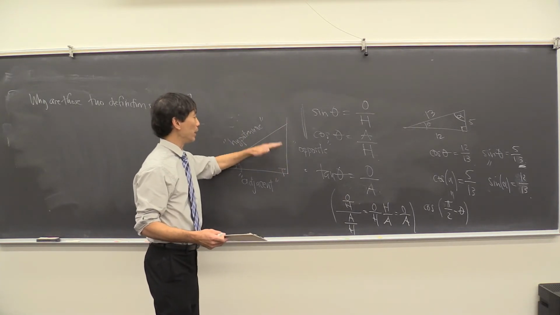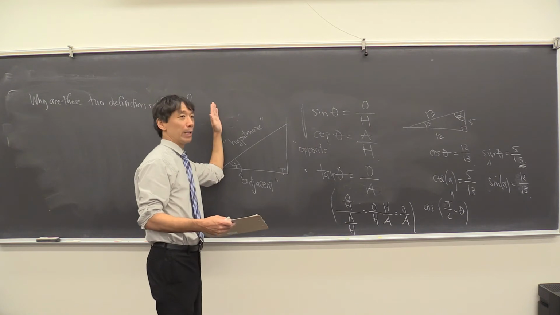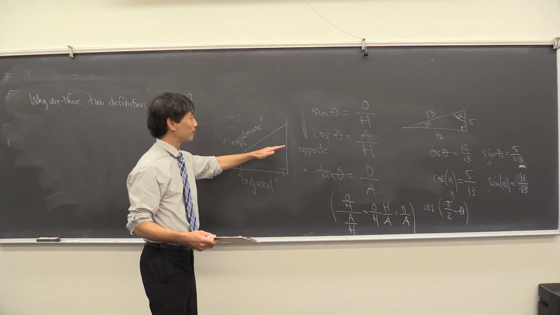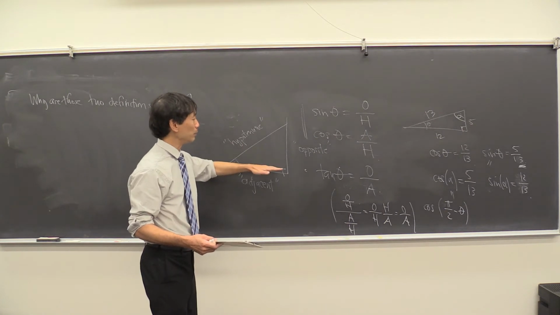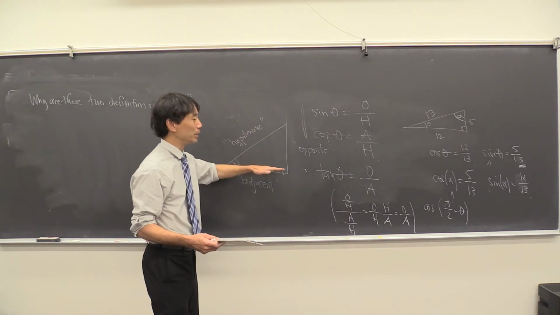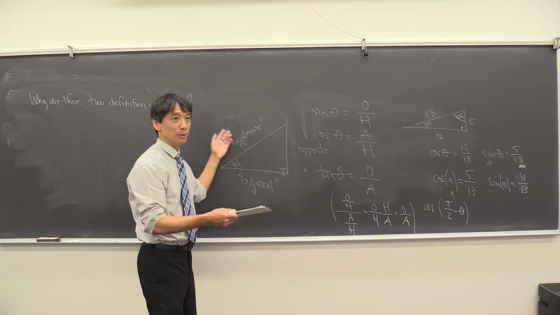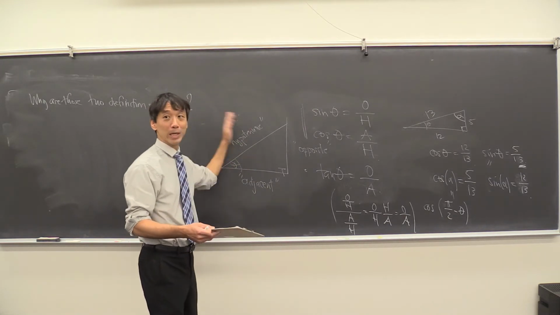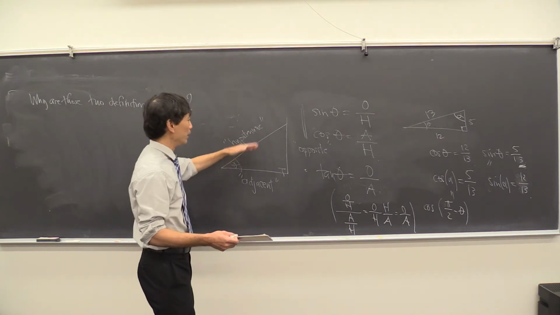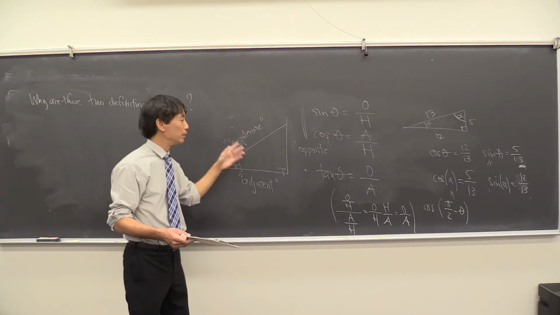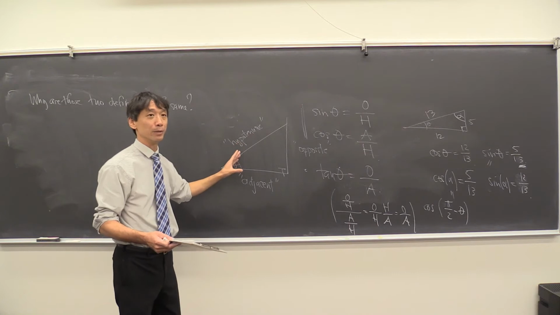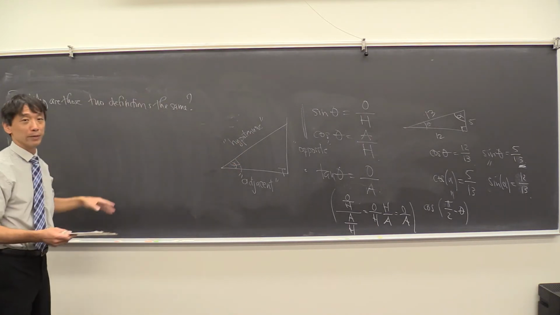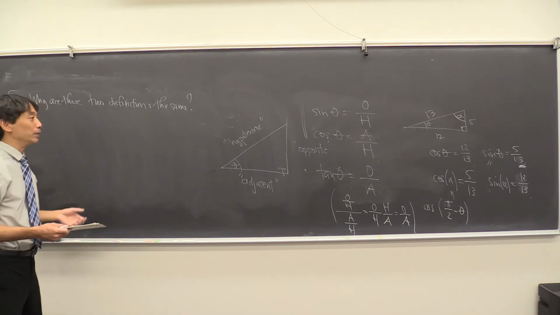It doesn't make sense to talk about an angle bigger than a 90-degree angle in a right triangle. So that's one huge problem with this definition. You have to start making special definitions for what happens if you have an angle that's bigger than 90 or a negative angle, which don't really make sense for right triangles. That's why the circular definition is really the right way to do it.